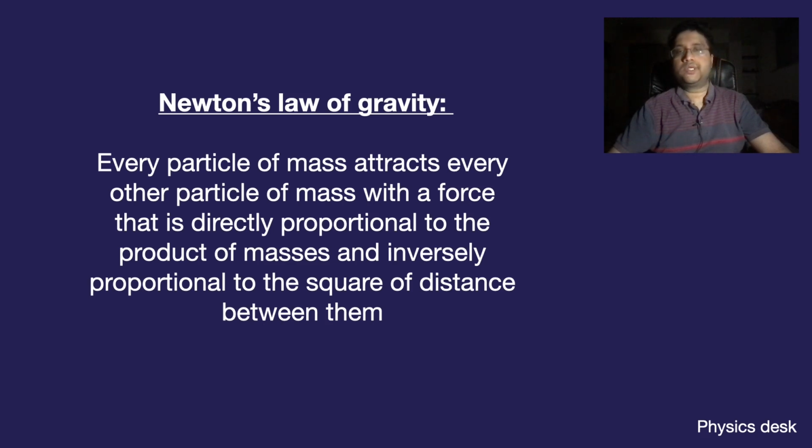So according to Newton's law of gravity, every particle of mass attracts every other particle of mass with a force that is directly proportional to the product of masses and inversely proportional to the square of the distance between them.